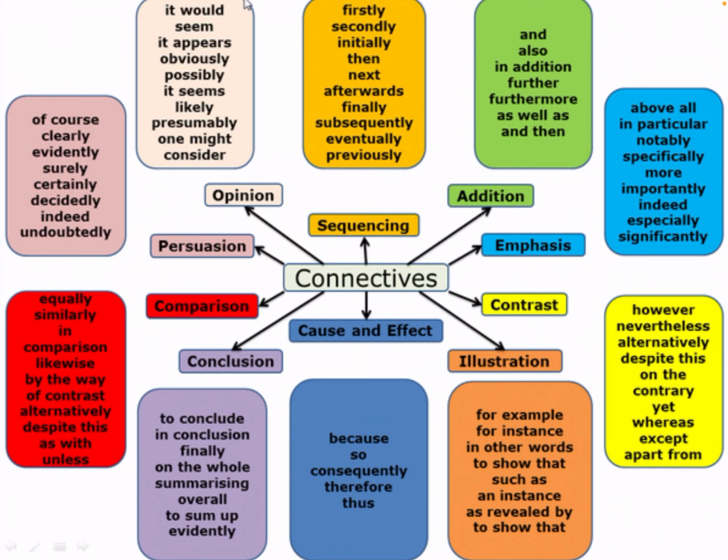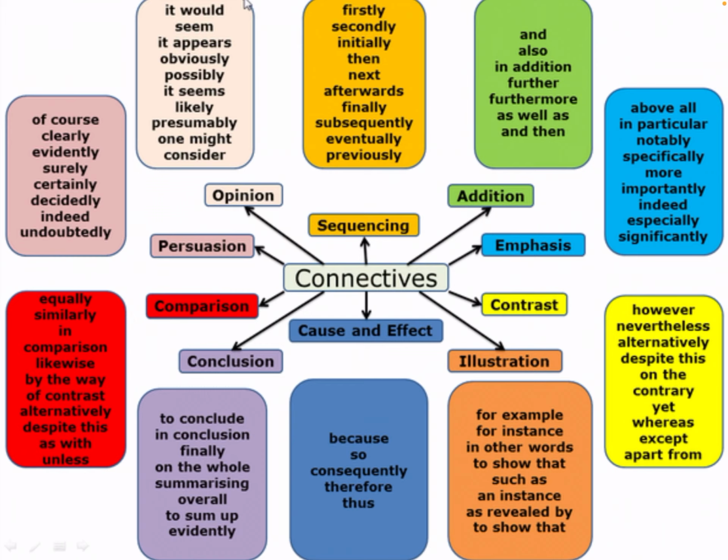Connective means the same thing as linking words, but we do need to study each one. Study which linking word goes to which name. So when we want to add something, we say and also. When we want to emphasize something, we say importantly. When we want to add a lot of importance to our sentence, when we want to contrast, we can say however.